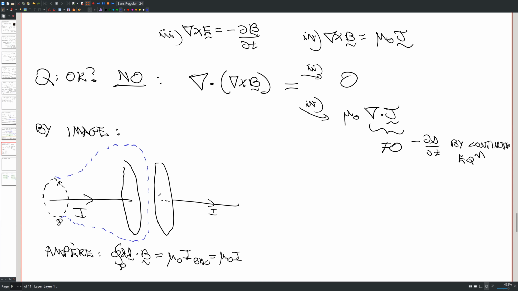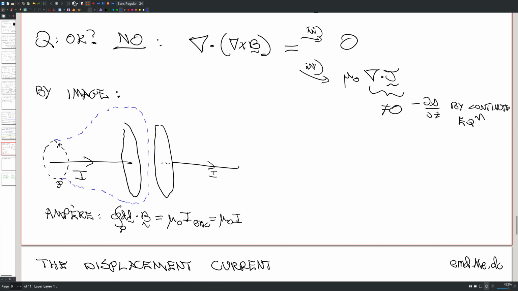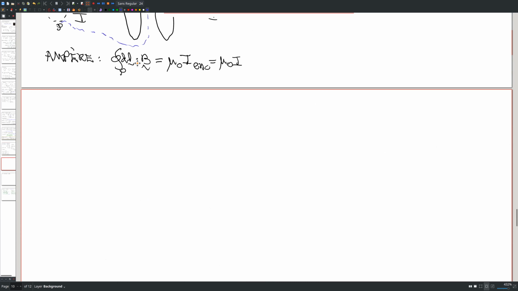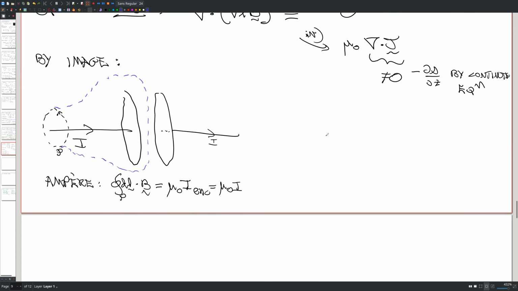For this second surface, mu 0 I enclosed is equal to 0.